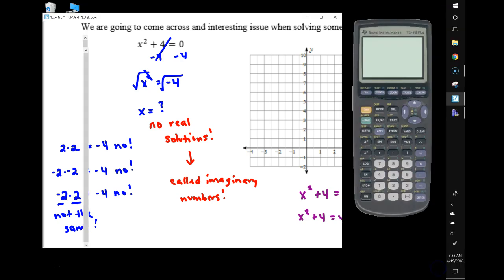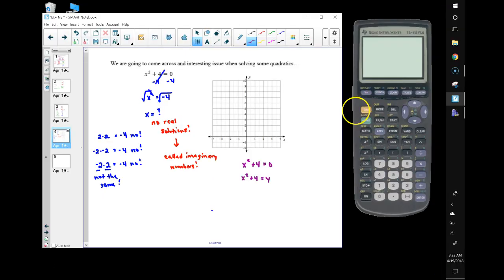So I'm going to go to my calculator. I'm going to hit y equals, and I'm going to plug in x squared plus 4. I'm going to go ahead and graph this here. Now, you're going to notice that this graph looks like this. I've got a 4 here. I've got 1, 5 here.